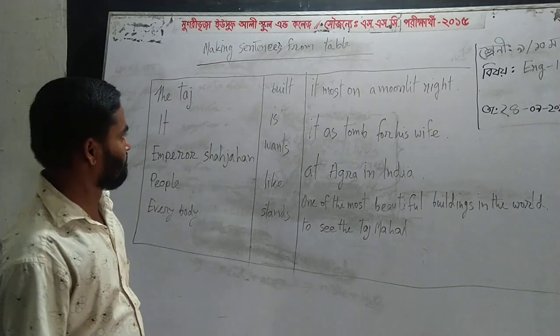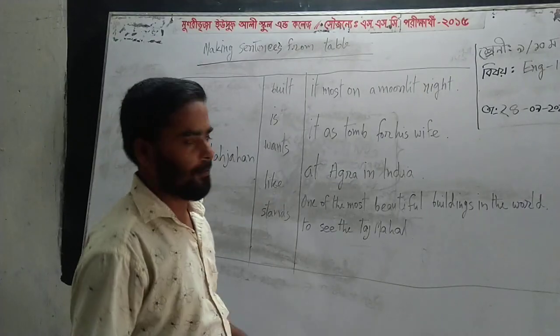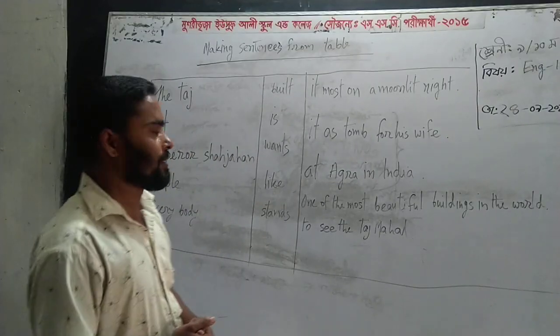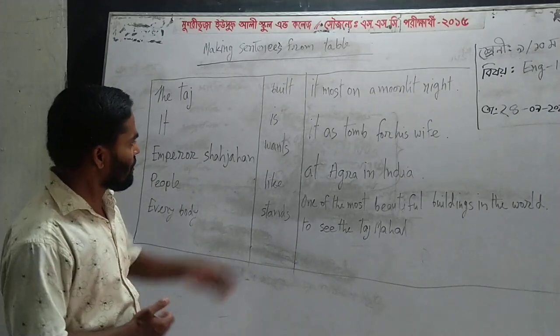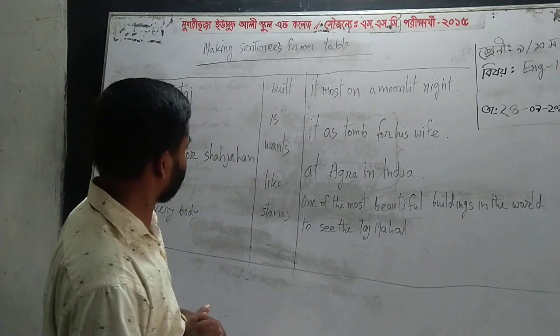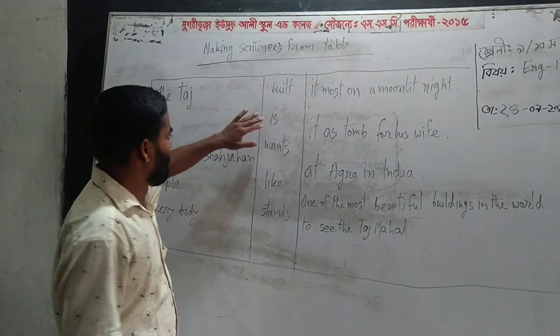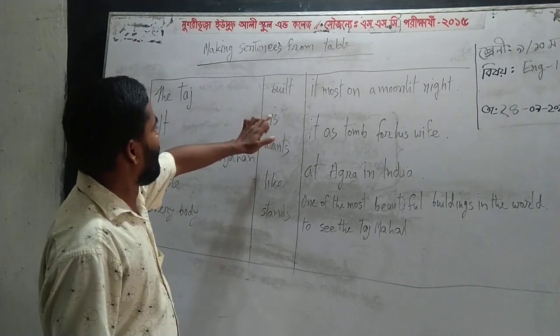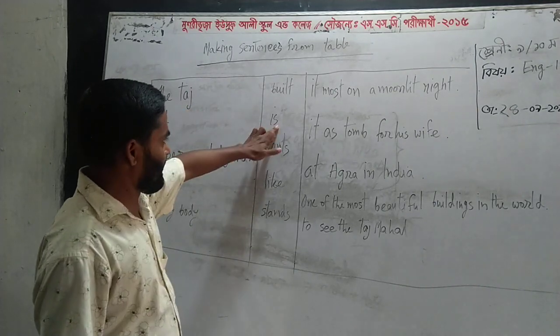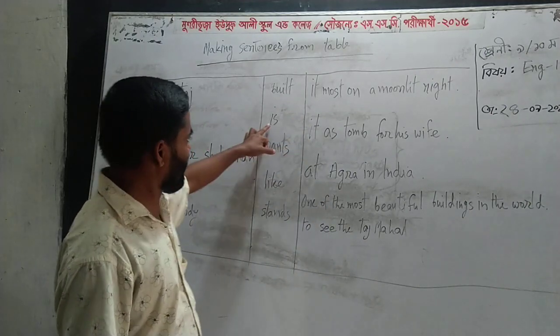The Taj. So what verbs do you need? Suppose you need each. The Taj each. So what will be the object?